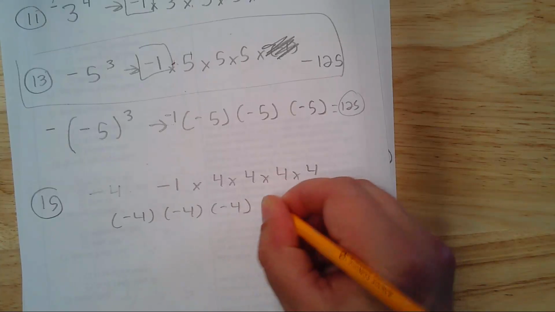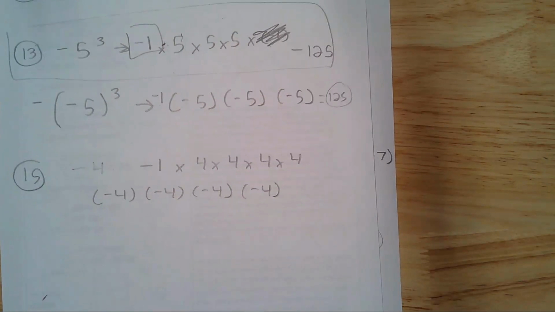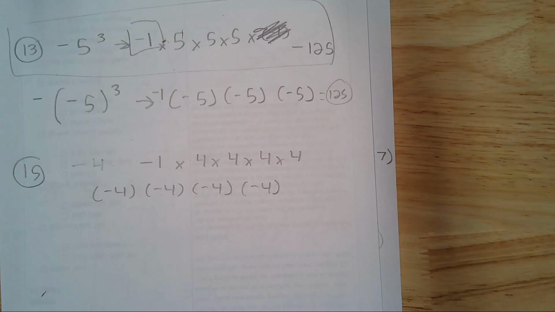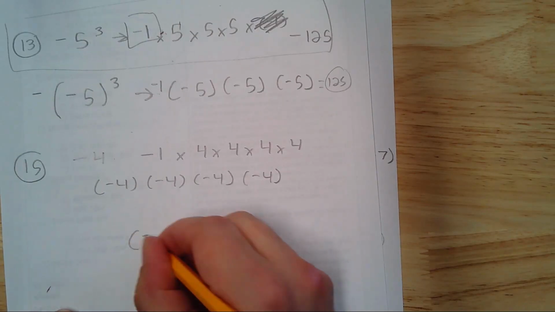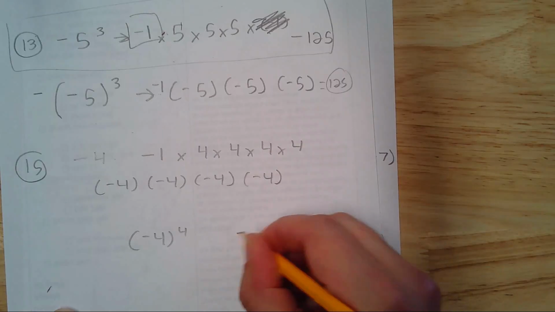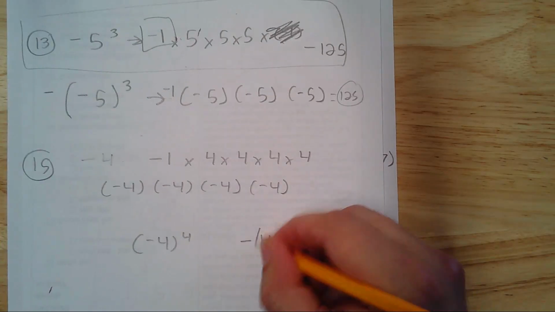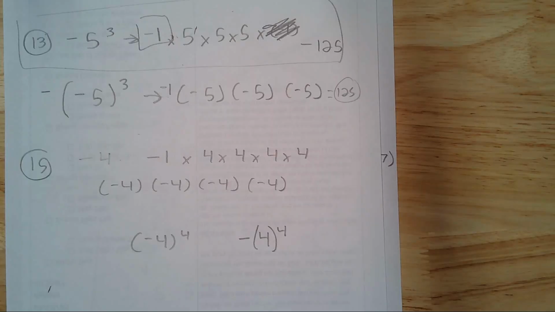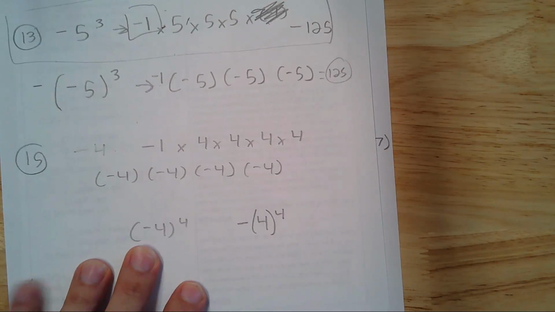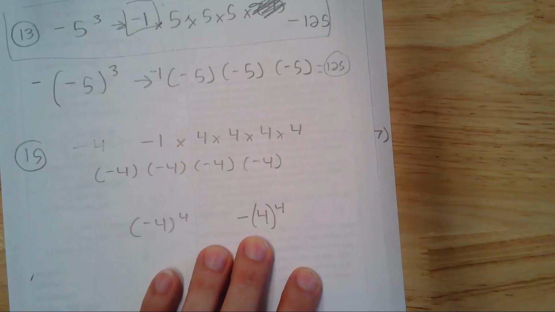But it sure ain't both of them. So one of them is this, and the other one is that. Or I could even put the brackets here if I want. One of them is the correct answer, and one of them is the wrong answer.